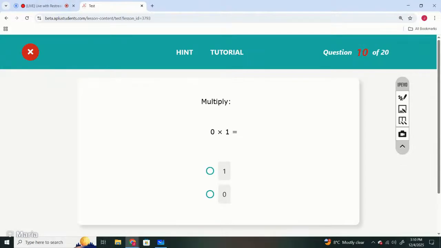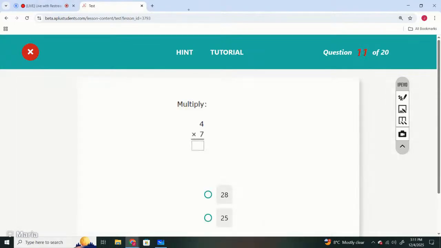0 times 1 is 0. Anything you multiply with 0, the answer is always 0.